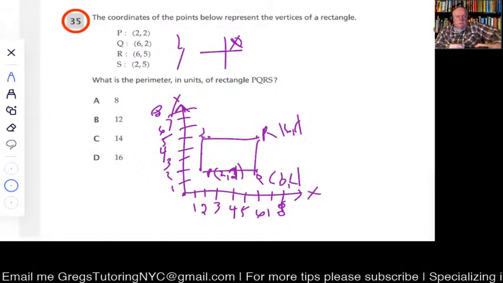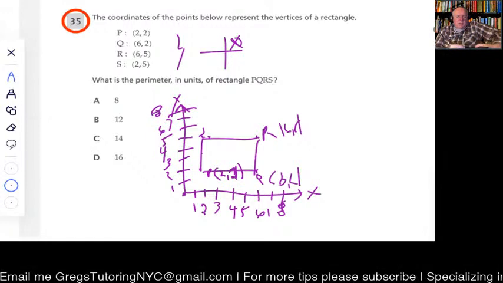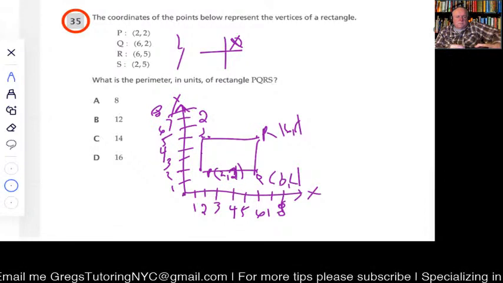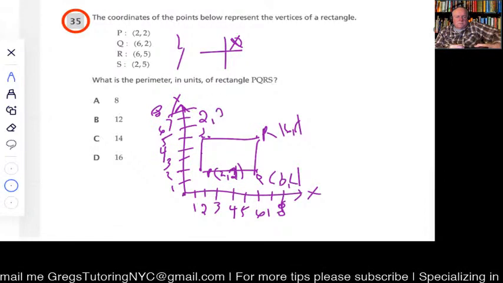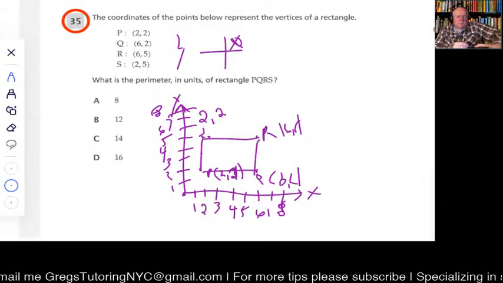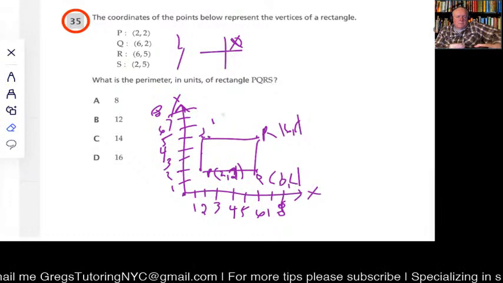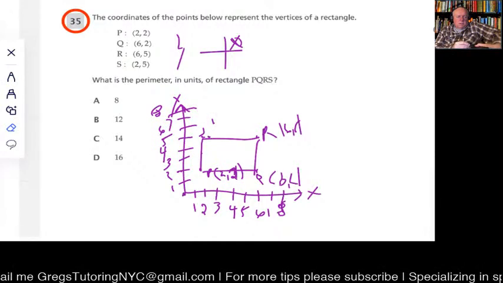So let me go and do this again. Q is 2, 2. Wait, I said that wrong. Let me change the color of the pen.